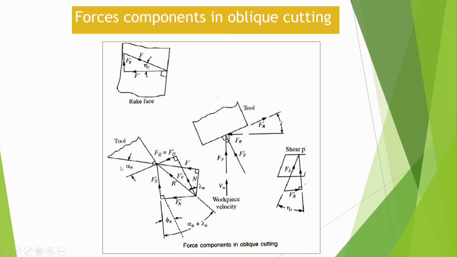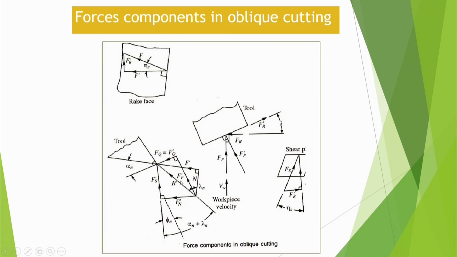This is alpha n, and this becomes F dash S, the shear force, and this is F dash n. Here we define this angle as phi n, and this is R dash. So you can see that this angle becomes phi n plus lambda n minus alpha n, where lambda n is the normal friction angle.